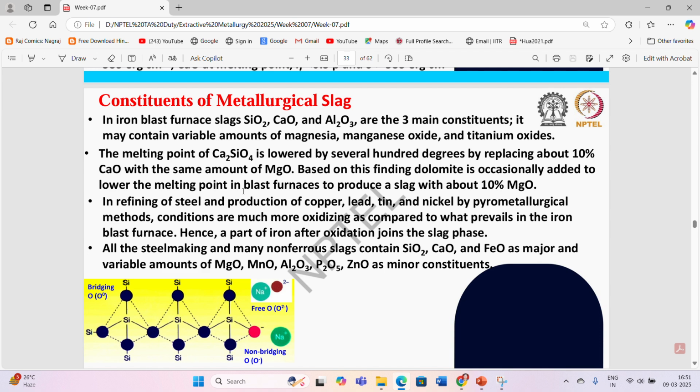While in refining of steel and production of copper, lead, tin, and nickel by pyrometallurgical methods, conditions are much more oxidizing as compared to what prevails in the iron blast furnace.